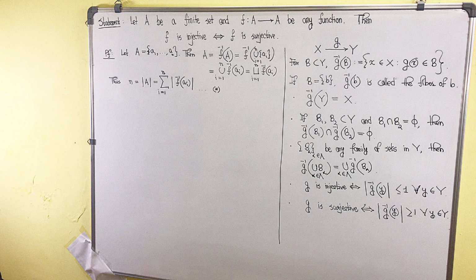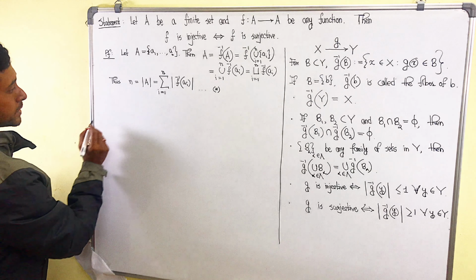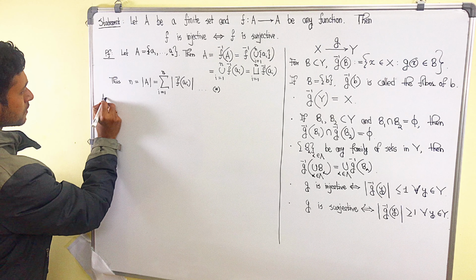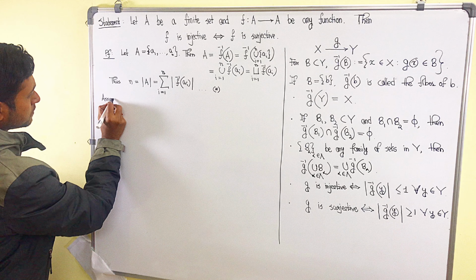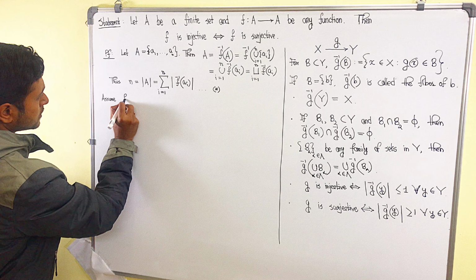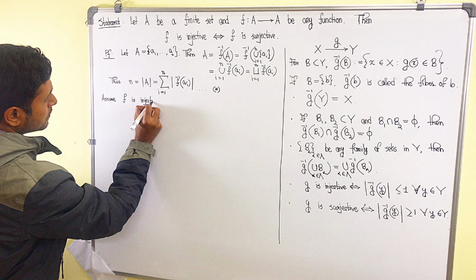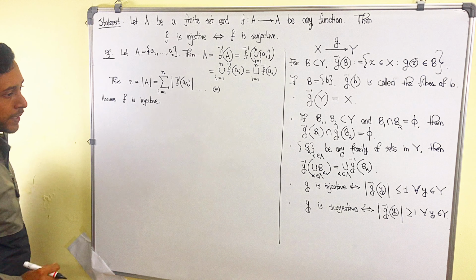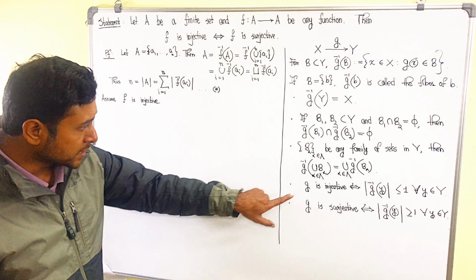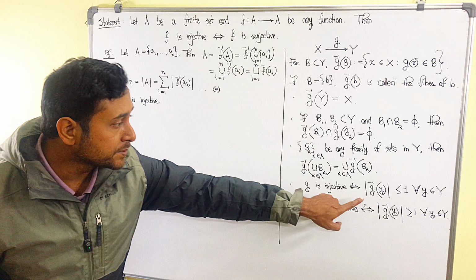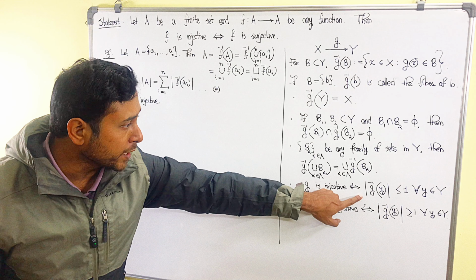Okay. Now what we have to show is f is injective if and only if f is surjective. So let's assume first that f is injective, which means by our observation, injective means each fiber can have at most one point.